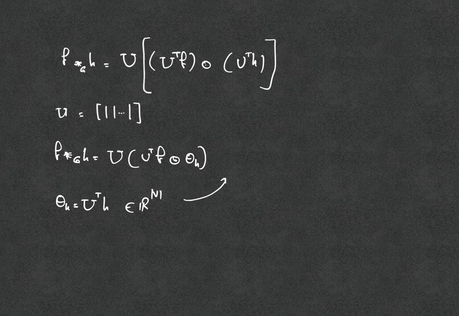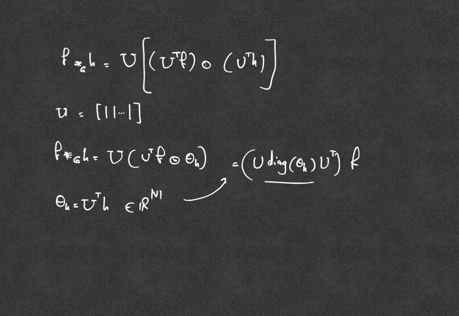And bringing it here, you can rewrite this formula as U, the diagonal matrix obtained from vector theta_h, U transposed, and then do this.